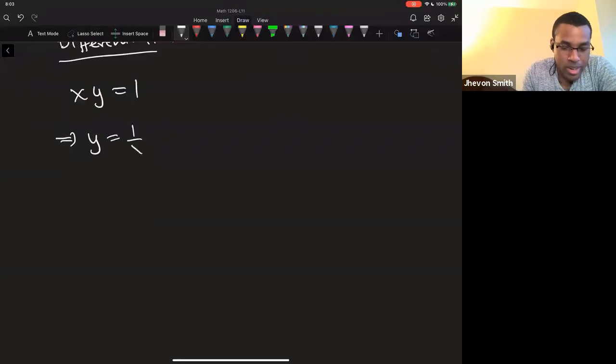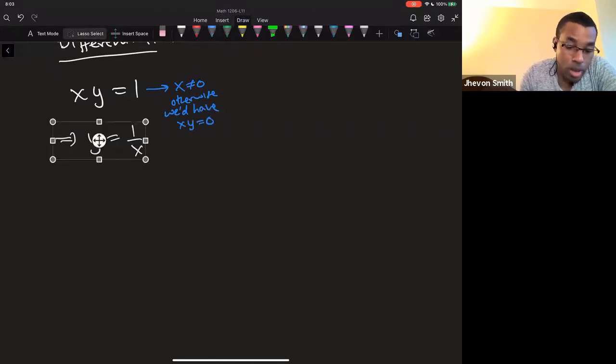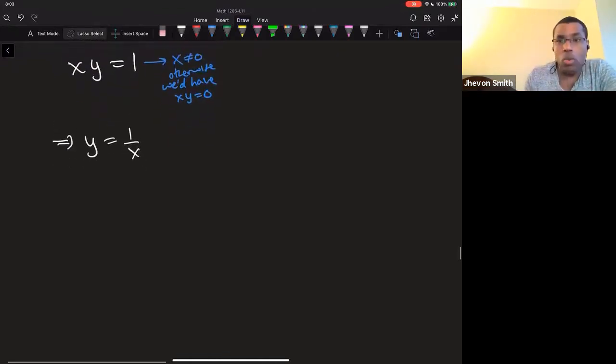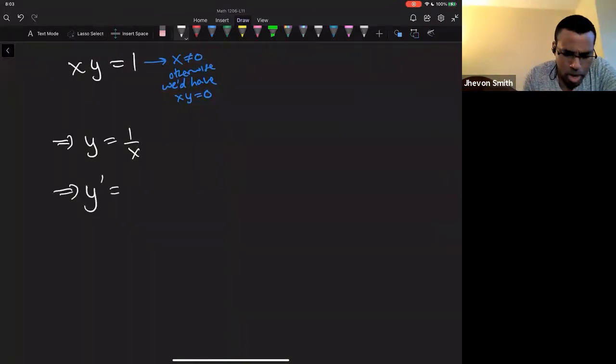We know here that x is not equal to 0, otherwise we'd have x times y equals 0. But you have x times y equals 1, which means x is not 0, which means you can divide by it. So you solve for y and get 1 over x, and we know how to differentiate that. So y prime is just minus 1 over x squared.